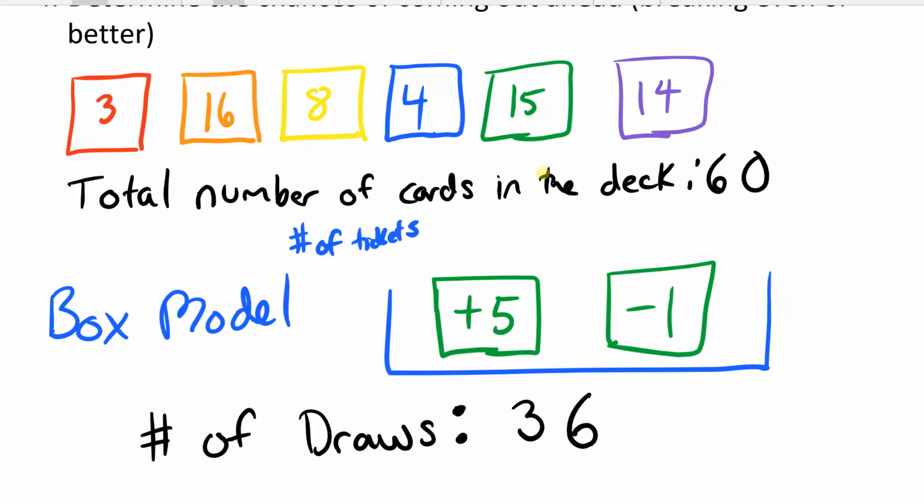Above each ticket, the plus 5 and minus 1, we want to indicate how many of each ticket there is. That's when we refer to our deck, described here. There are 3 red cards, 16 orange cards, 8 yellow cards, 4 blue cards, 15 green cards, and 14 purple cards.